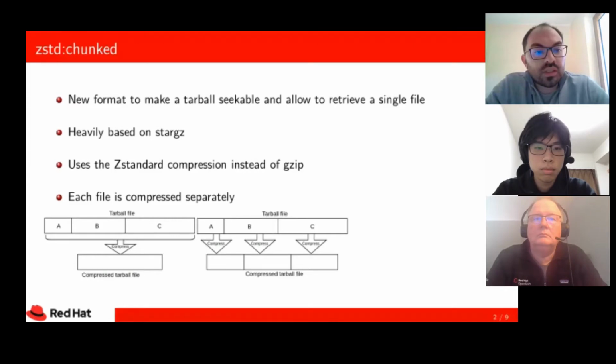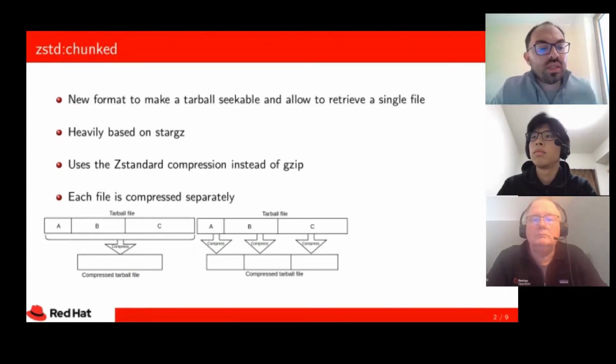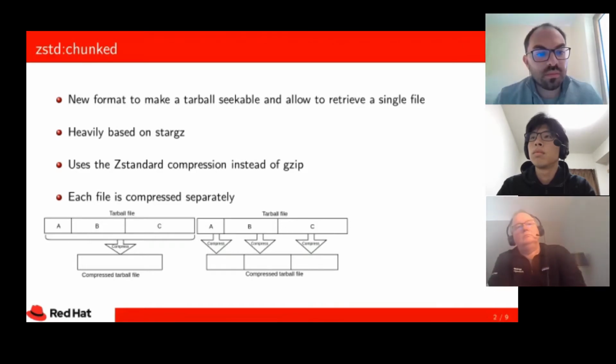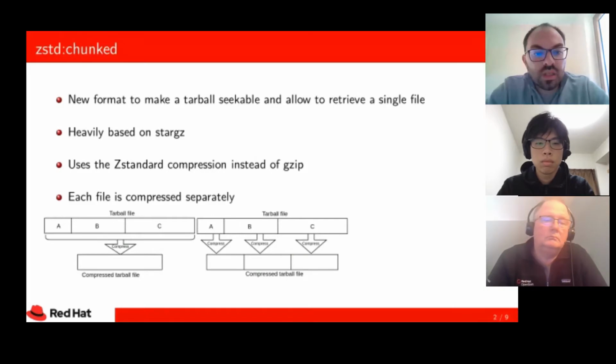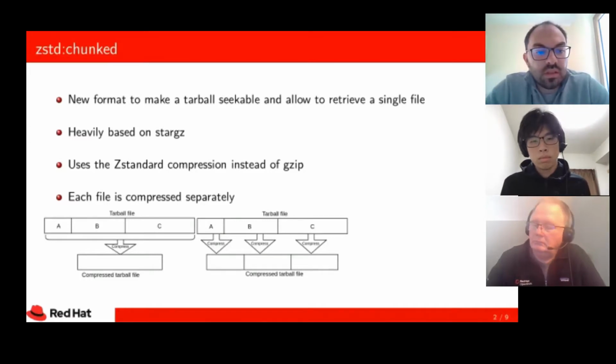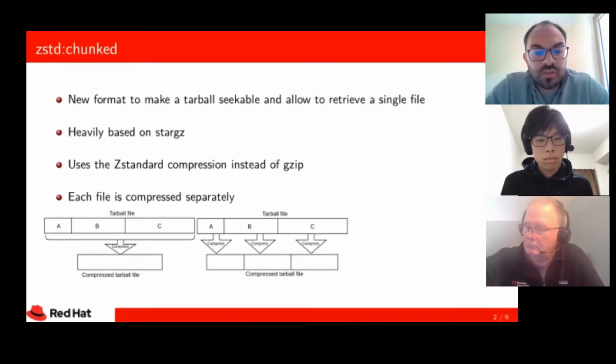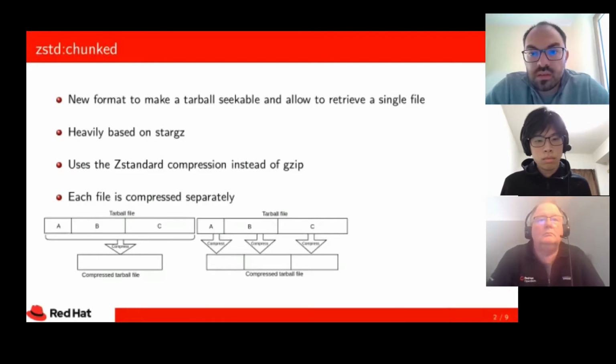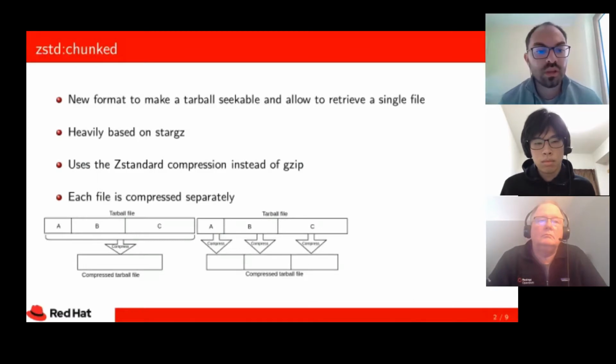The reason why I started to work on zstd is basically for two reasons. The first one is that I want to push the new compression format, zstd, that is much faster than gzip, that the OCI world got stuck on since the beginning. So I took this chance to work on something that's just faster.